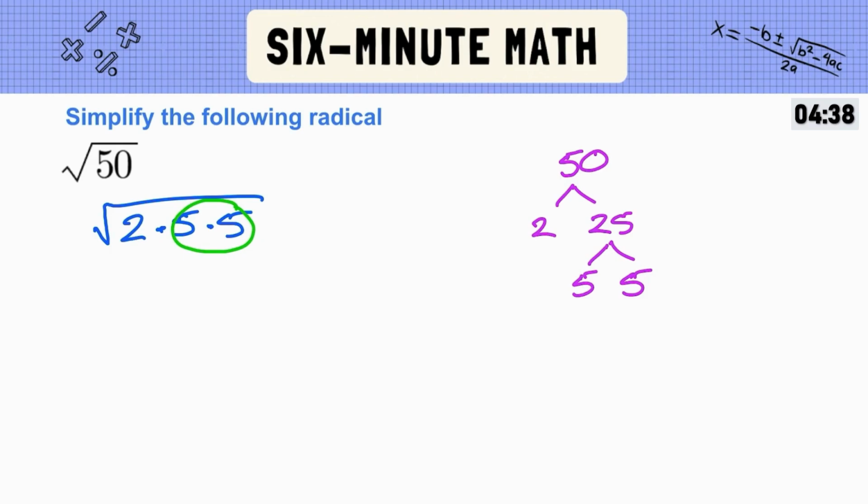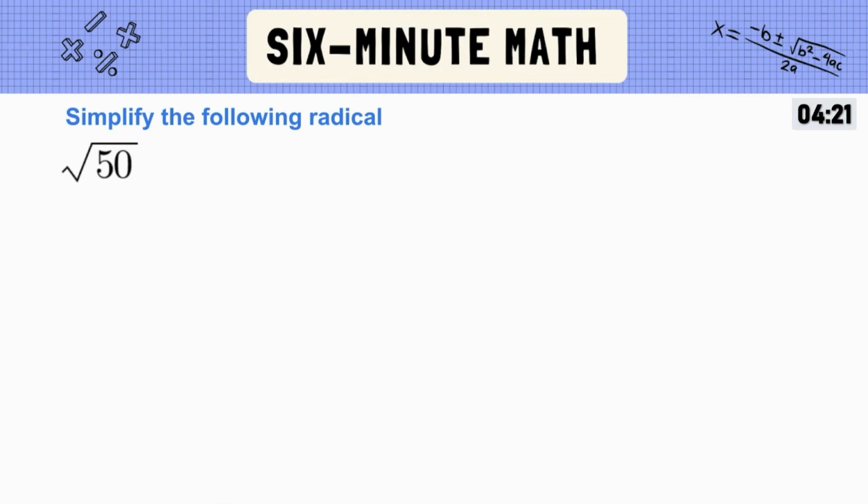And we're going to take that group of 2 and bring it out to the front. This simplifies into 5 root 2. Please note that our group of 2 becomes a single 5 when outside the radical.